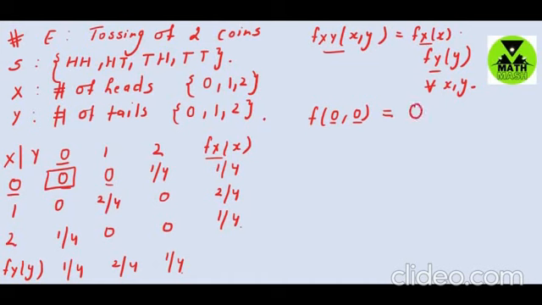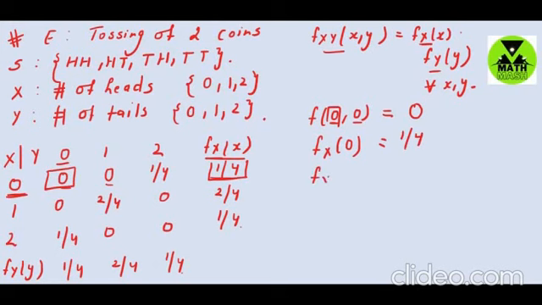Now, what is fx at 0? That is the marginal density of x at x equals 0, and the marginal density is 1 by 4.